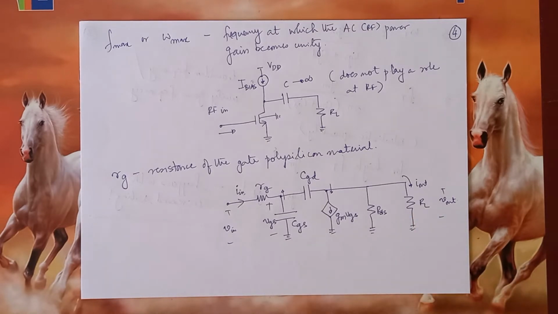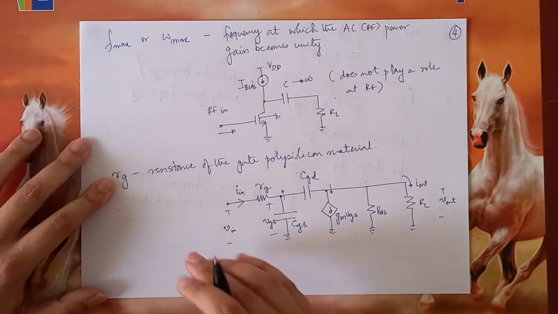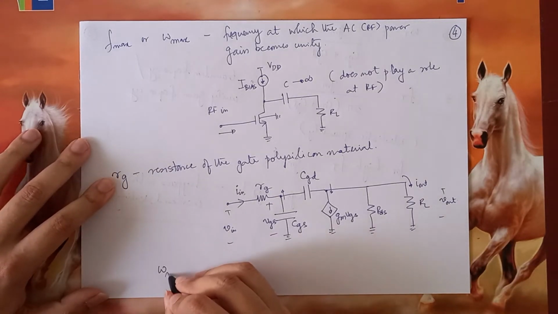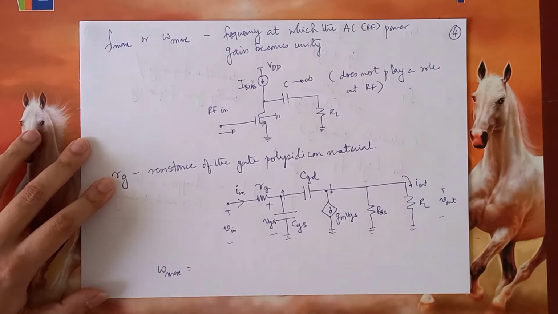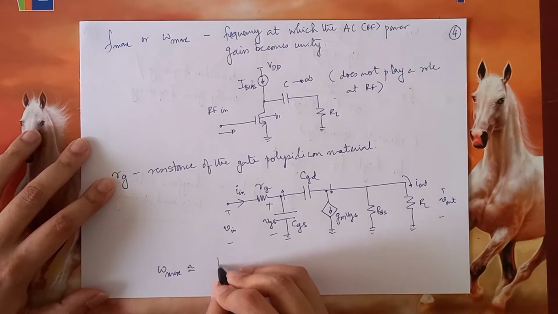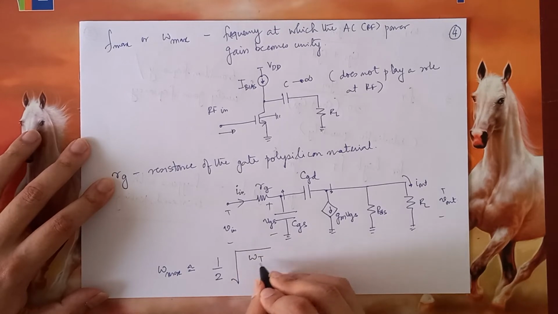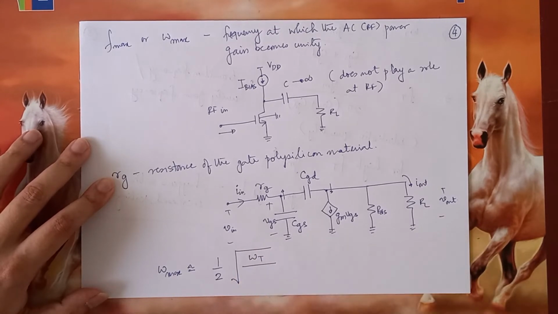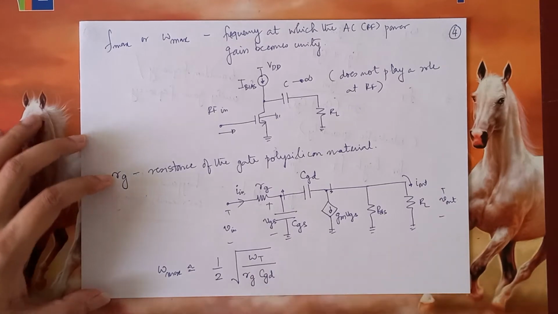That is the omega max or F max. So what we see after this analysis is omega max is almost equal to, as an approximation, half of the unity gain angular frequency divided by this RG times CGD.